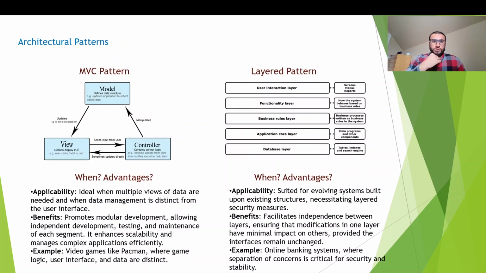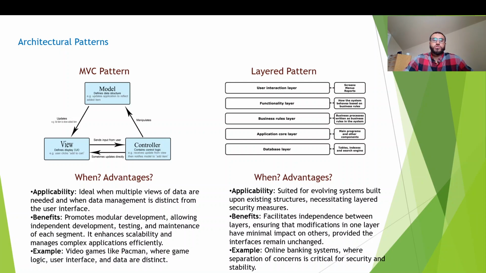Another main point for architecture and the different design decisions that can take place are the different patterns that one would choose. So the two mentioned here are the MVC pattern and the layered pattern.